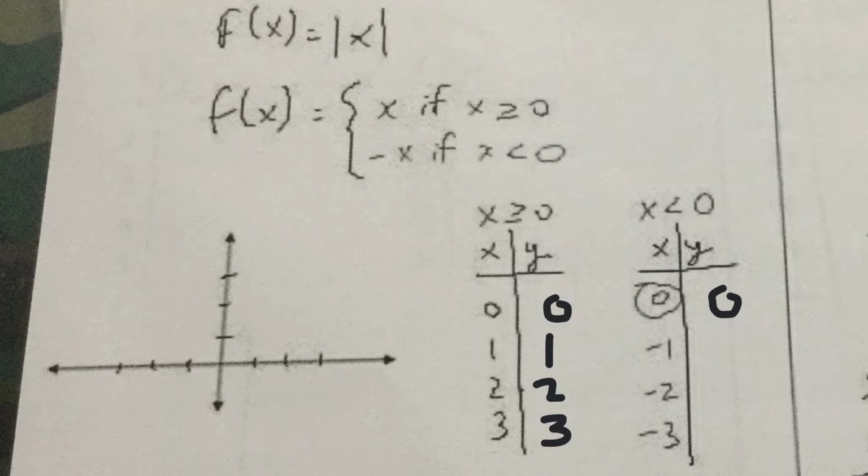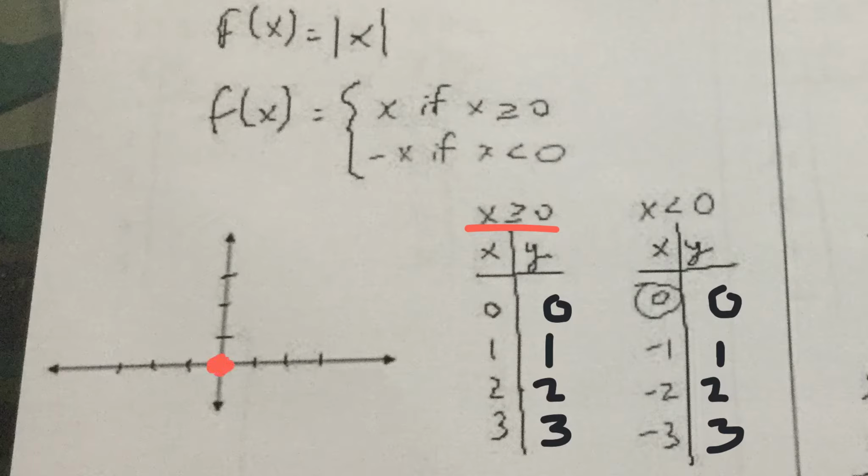Well, negative negative is the same thing as positive. So when you plug in negative 1, you get out 1. Same idea, plugging in negative 2 gives positive 2, and negative 3 gives positive 3. So I'm going to graph this left side here in red. Again, my lowest possible value is x being greater than or equal to 0.